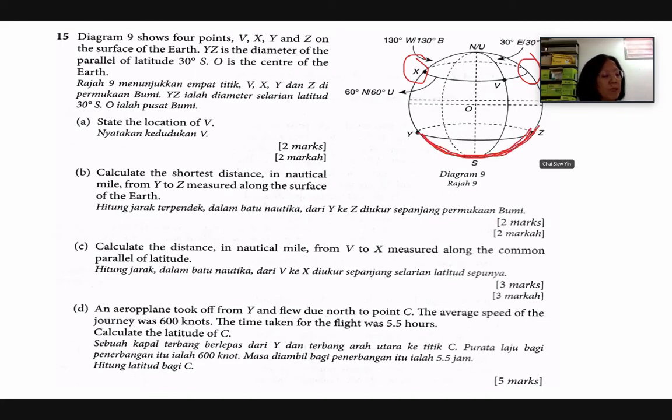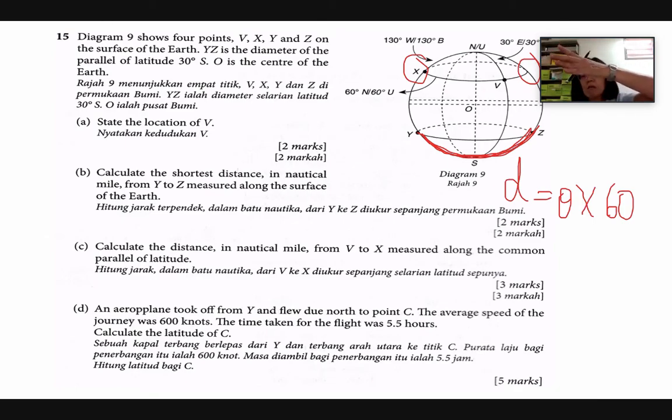Use the formula theta times 60 to find the distance between 2 points.